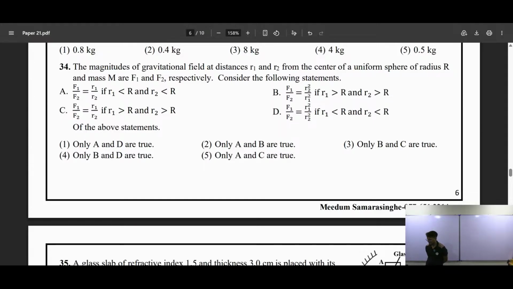Gravitational field means gravitational field acceleration. Consider the following statements.